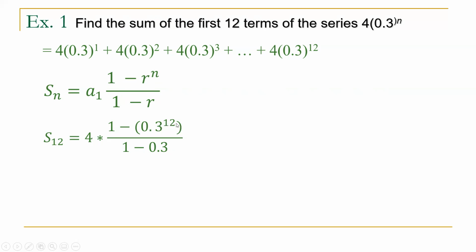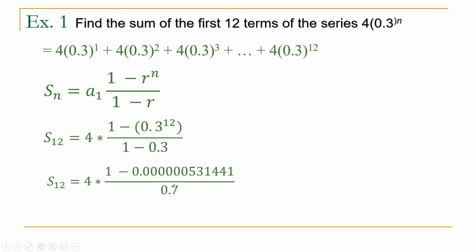Okay? Erase muna natin si 0.3 dito sa numerator. So the value is 0.000000531441. Ang gagawin nyo lang, input nyo lang sa calculator nyo yung 0.3 raised to 12, and then ang kalalabasan, ito na yun. And then, i-compute din natin yung nasa denominator, 1 minus 0.3, and that is equal to 0.7.